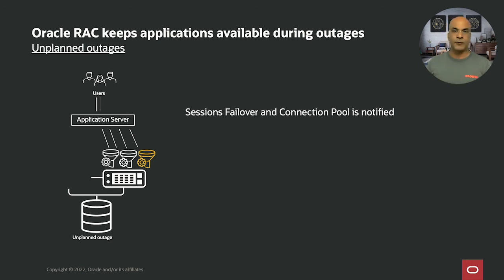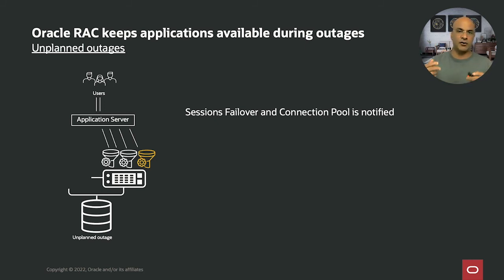Moving or relocating those connections to the other server is a very good thing, but we also make sure that the connection pool is notified that sessions have failed over. We have done this notification. But think of all those sessions that are working. You're doing insert, update, delete, insert, update, delete.